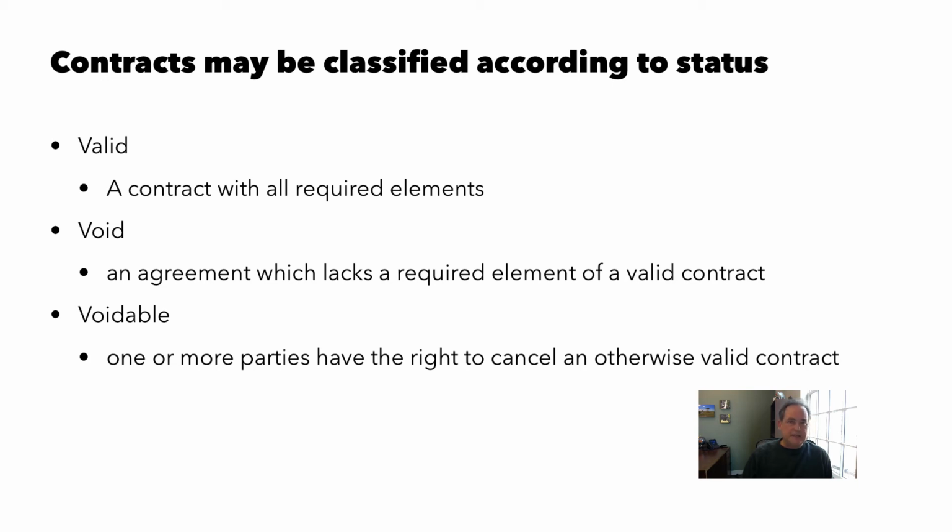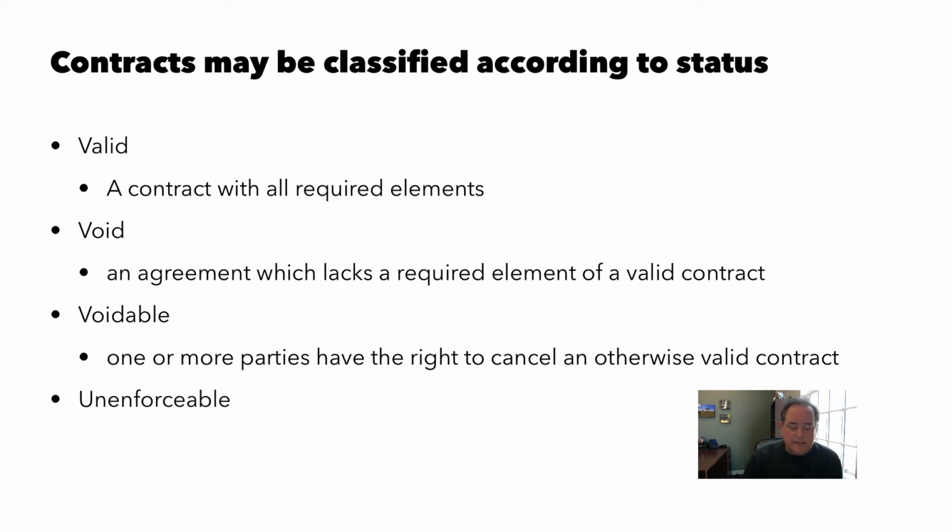You see this in instances, say, where a minor enters into a contract. Say a minor enters into a gym contract. We want to ensure that the party that is required to perform under the contract doesn't get to take advantage of the fact that the other party was not part of the valid contract.